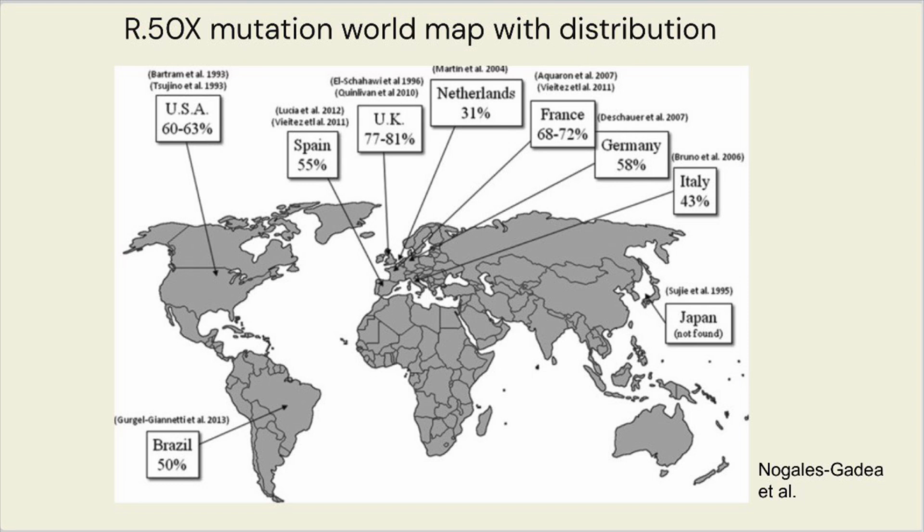And then going back, the most common mutation that leads to McArdle, the nonsense mutation on R50X, you can see the distribution on a world map, with the highest reported cases being from the UK, a predominantly Caucasian population.